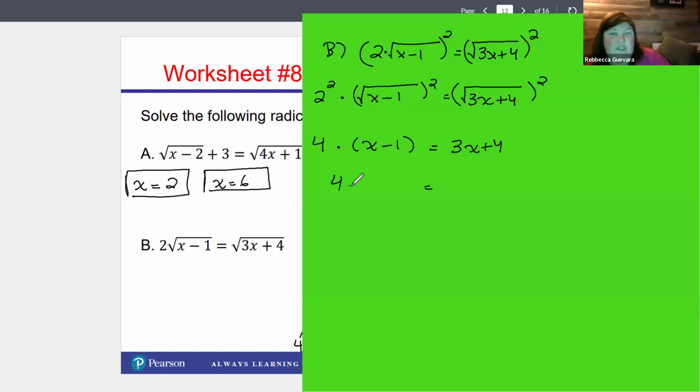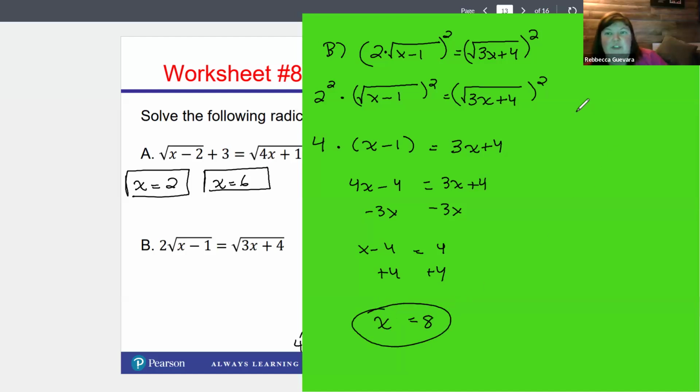So distribute that 4, sorry. This is going to be 4 times x, so 4x minus 4 should be equal to 3x plus 4. So if we just solve for x, we get one solution, which is x equals 8.